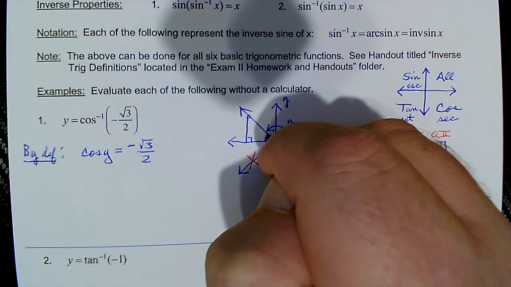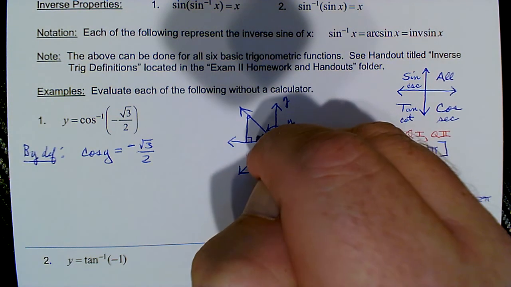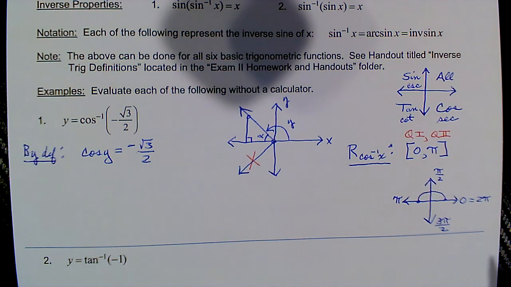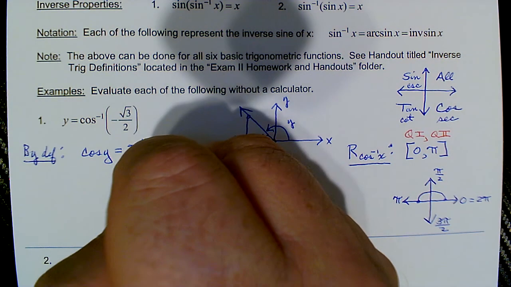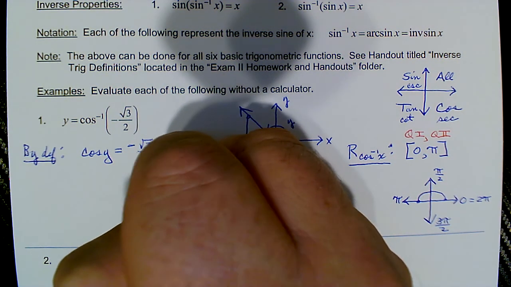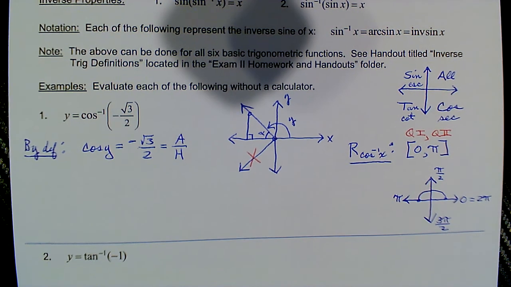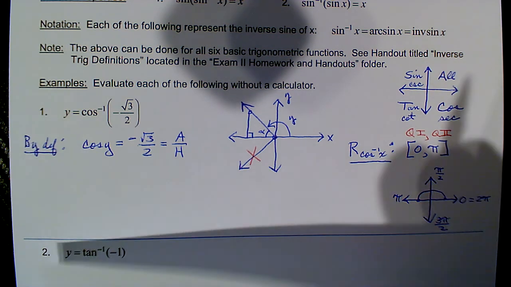But we use the angle that the terminal side makes with the x-axis as our reference angle. I like to call it alpha. Okay, that's a little alpha symbol. And based on the definition of cosine, which is adjacent over hypotenuse, you have to remember the 6 definitions of the trig functions.